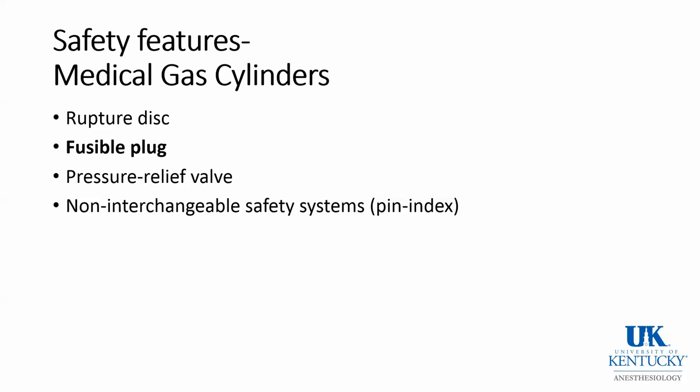A fusible plug is a thermally operated non-reclosing pressure relief device. The yield temperature is the temperature at which the fusible material becomes sufficiently soft to extrude from its holder so that cylinder contents are discharged. At one time it was mandatory knowledge for anesthesia residents to learn the composition of the fusible plug, but I don't think that that's particularly useful.